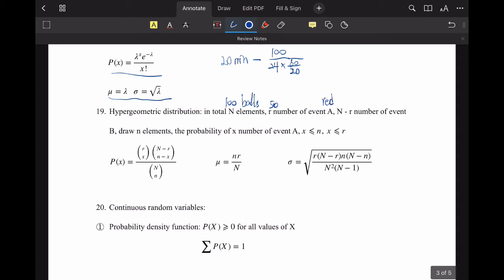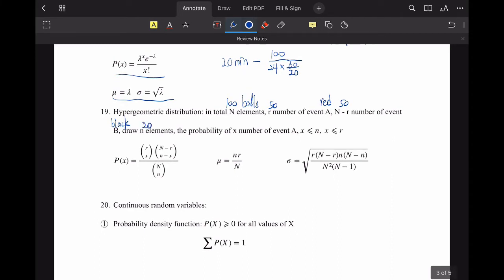Then you have N minus R, which means another 50 black balls. Now you draw small n elements. For example, you draw 20 balls. The probability of x number of red balls, the probability of 10 red balls. So this is hypergeometric distribution.